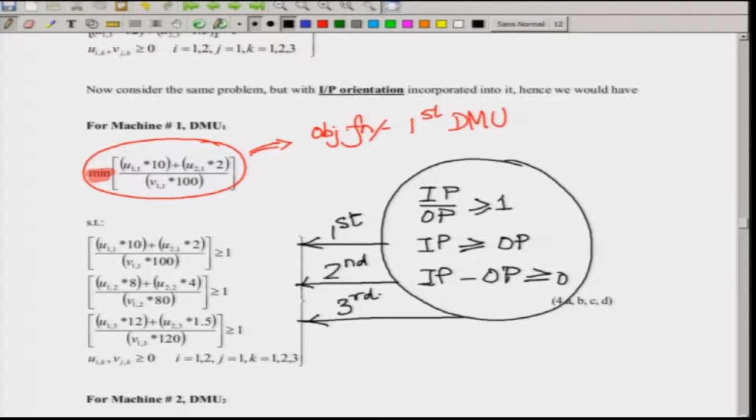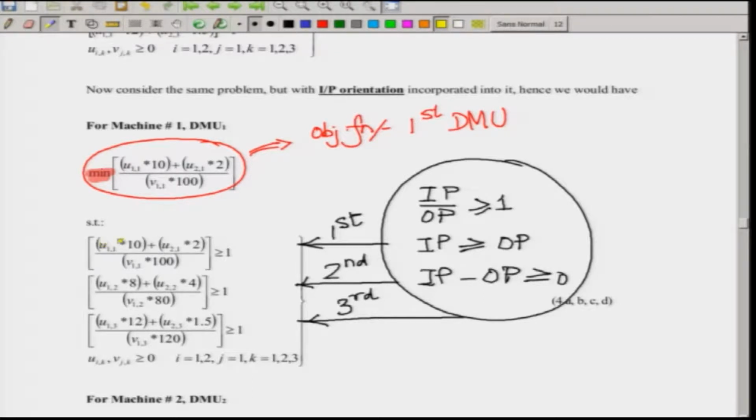Now, the objective functions had already been done. If you consider the constraints, I will use the same coloring scheme as I did for the output oriented model. For the first DMU, the inputs and outputs would be denoted likewise.